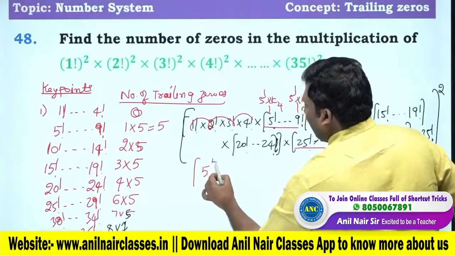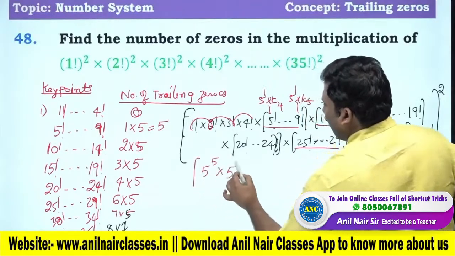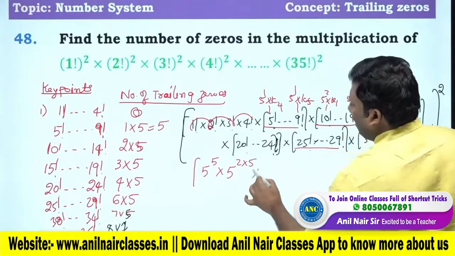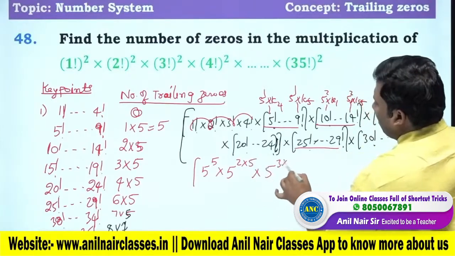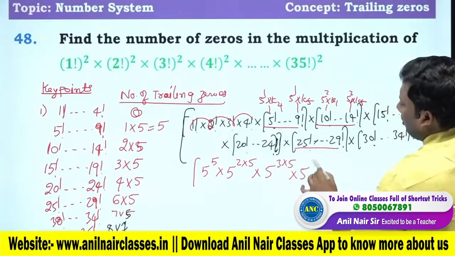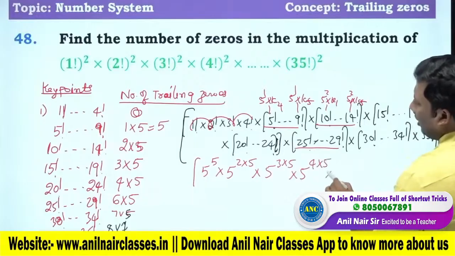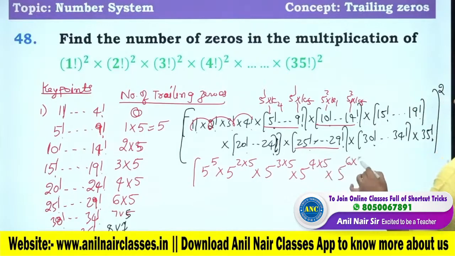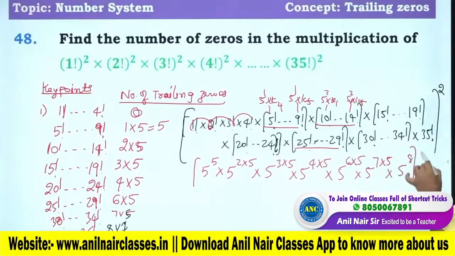So it is 5 power 5 into 5 power 2 into 5 into 5 power 3 into 5 into 5 power 4 into 5 into 5 power 6 into 5 into 5 power 7 into 5 into 5 power 8, whole square.